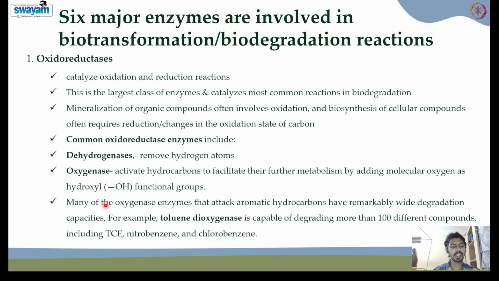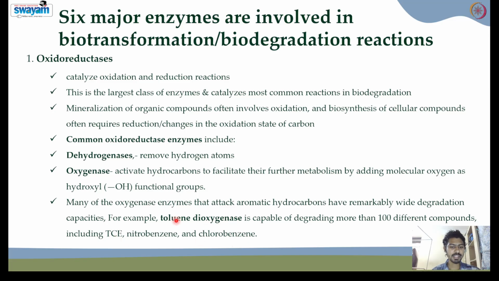So many of these oxygenase enzymes attack aromatic hydrocarbons. And we have also seen in the degradative pathway of aromatic compounds where oxygenase plays an important role in degrading the metabolism. For example, the toluene dioxygenase enzyme is particularly capable of degrading more than 100 different compounds, which include nitrobenzene, chlorobenzene, and TCE.